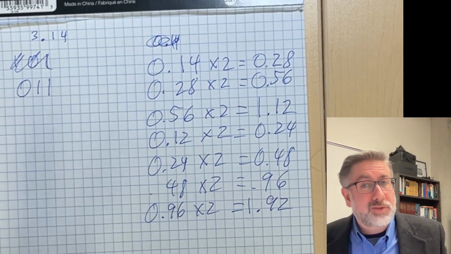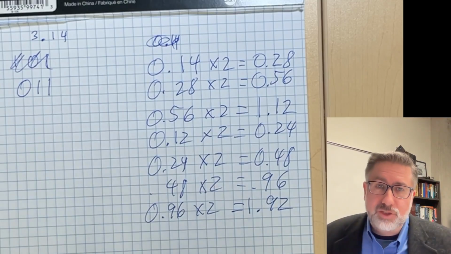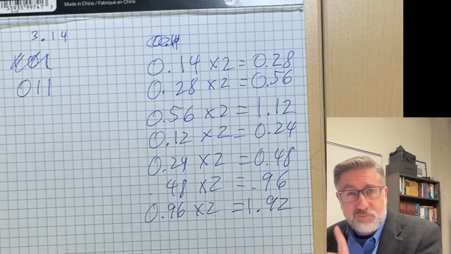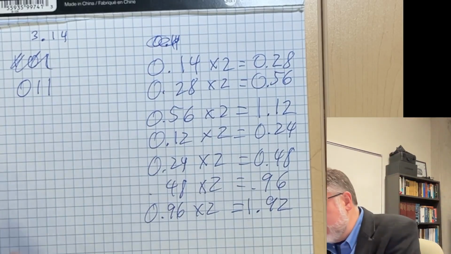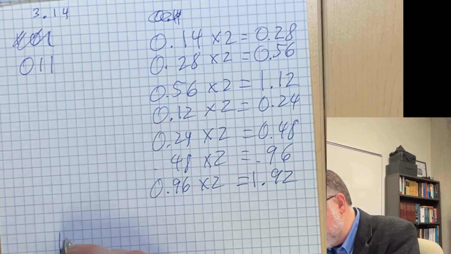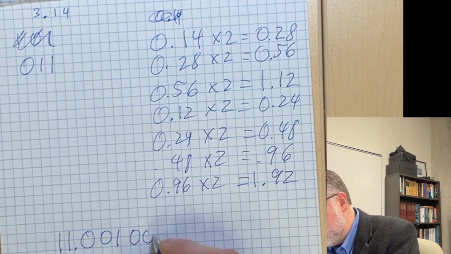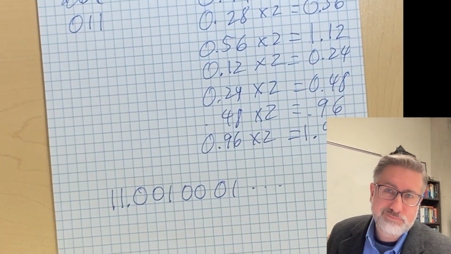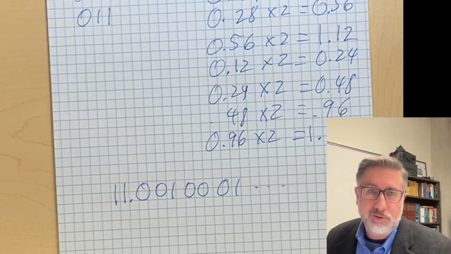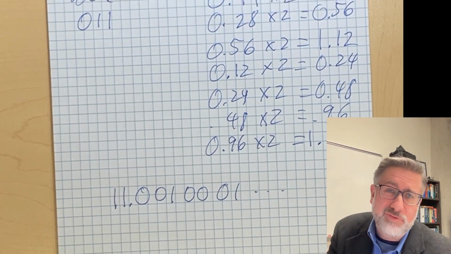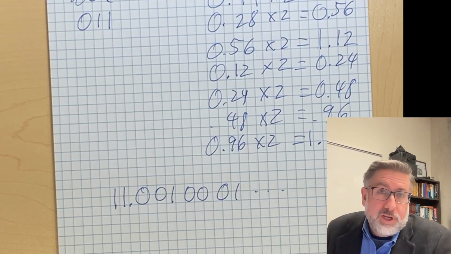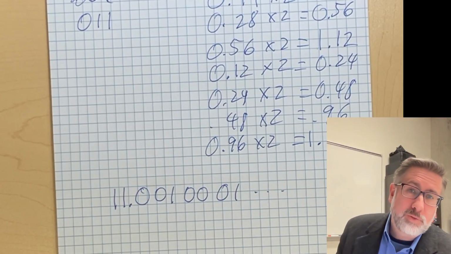But remember, what we're converting into really only has 4 bits of accuracy, so that's probably enough. So our number, 3.14, is 11.00100001 and a bunch of other stuff. Okay, that's 3.14. We could do 3.1415 and see what happens. But now we're going to convert this into our floating point representation.